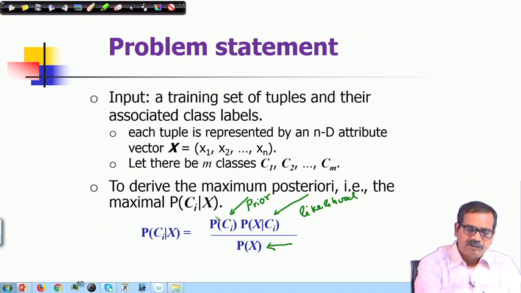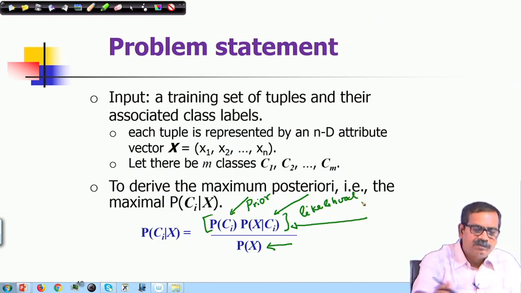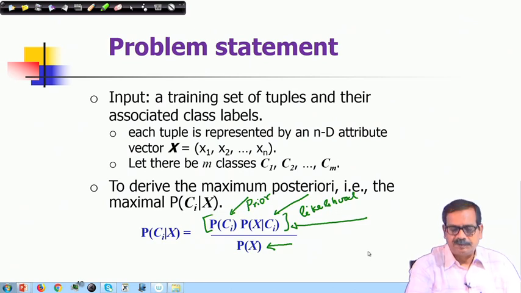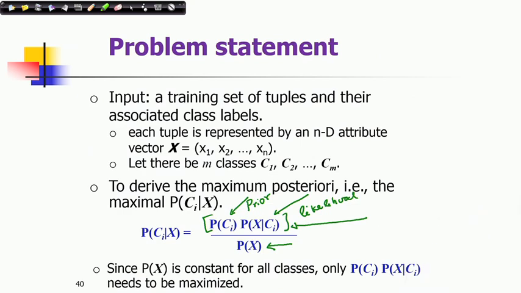So, it is sufficient if I compute just the numerator part, or compute these two quantities, that would give me the basis of comparison. I am not in an absolute sense computing the posterior probability, but relatively I can compare them by computing those factors. So, this is a summary. Only the product of probability of C I and probability of x given C I needs to be maximized. That is the problem statement.